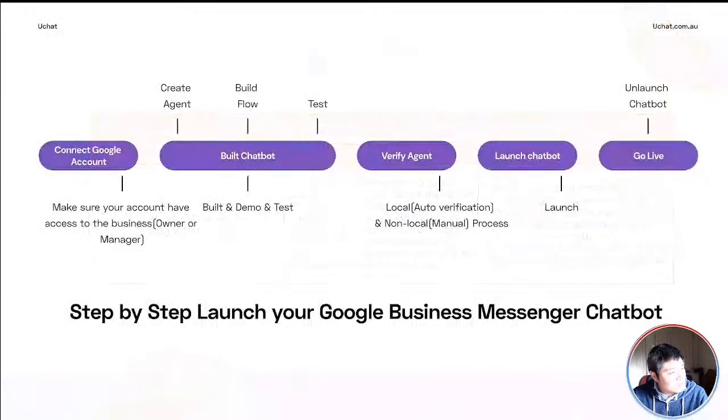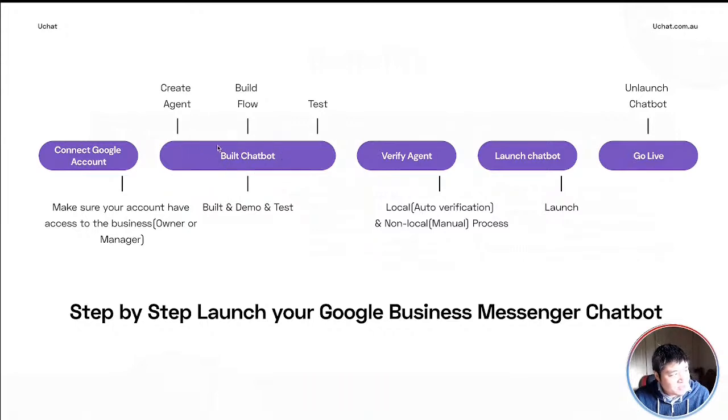Now let's get to the point of how to launch your Google Business Messenger chatbot. There are five easy steps. First, you need to connect your Google account, and then you can build your chatbot.